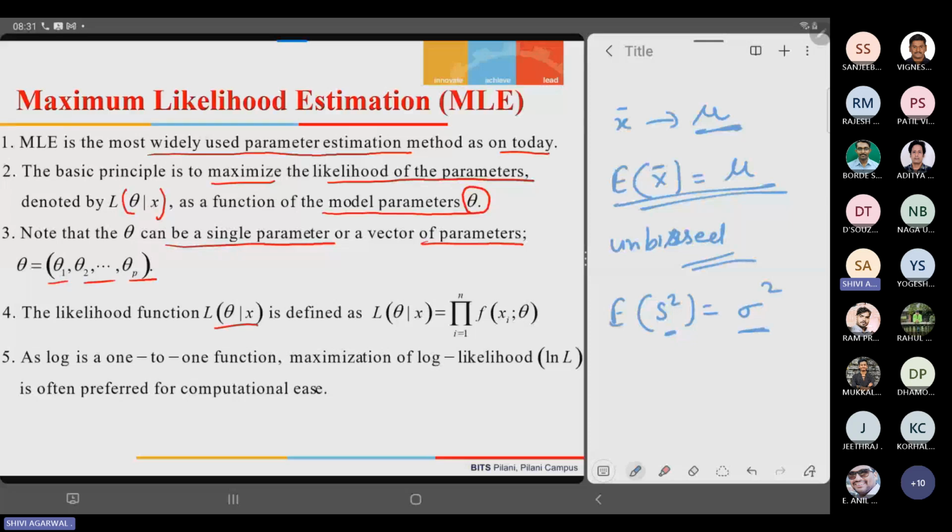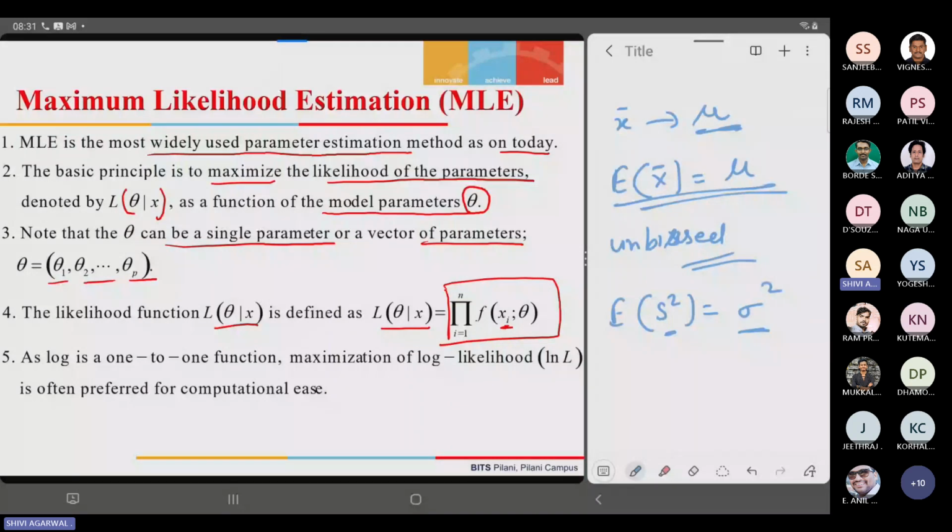The likelihood function is defined as the product of the probability density function with the different values of xi. So we are taking the joint probability density function. Do you remember in the chapter we have done joint distribution? We are using the joint density function here, and this is a random sample. You know the meaning of a random sample, that all values x1, x2, xn are identical and independent.